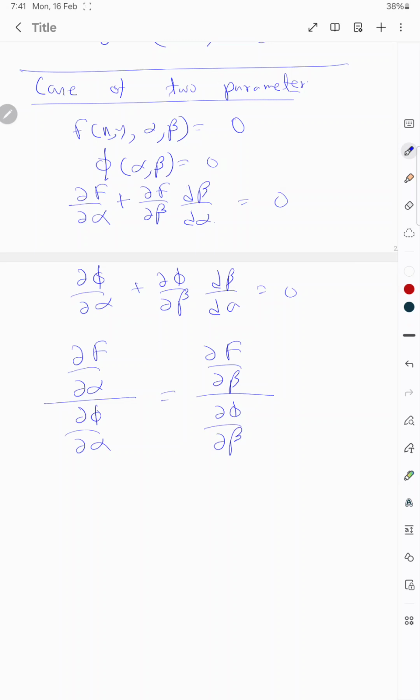This type of relation you are getting. So from there this is your new relation. Now you have to basically eliminate your alpha and beta from these 1, 2 and this 3.